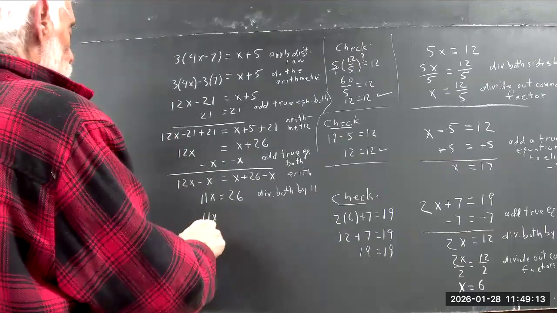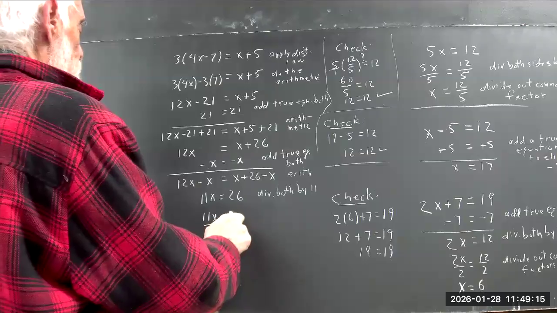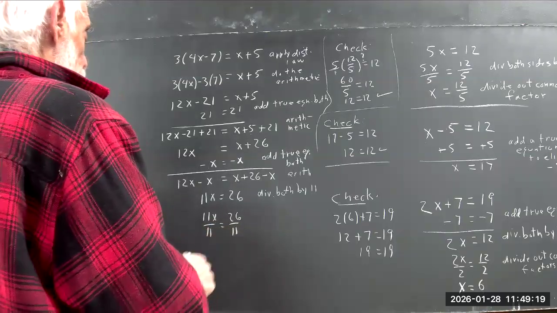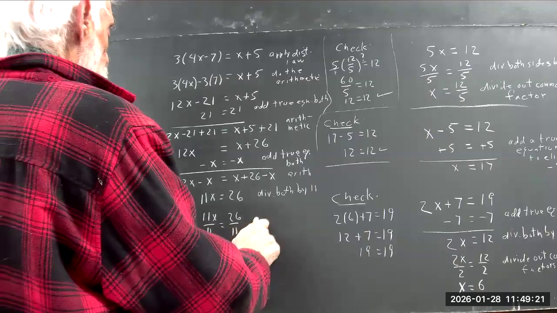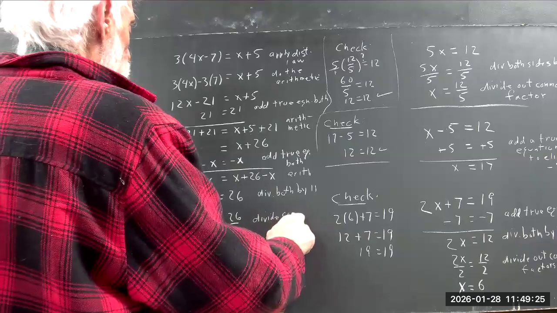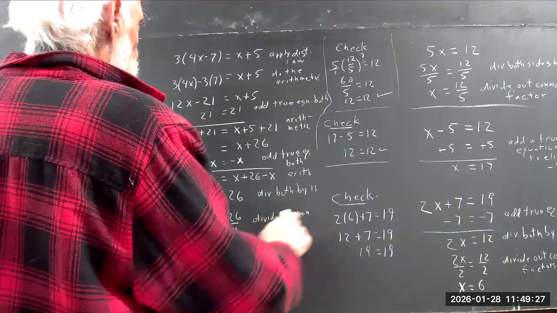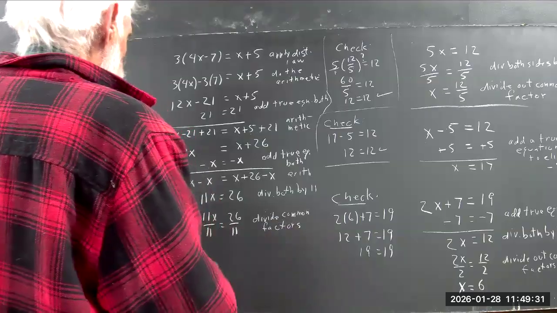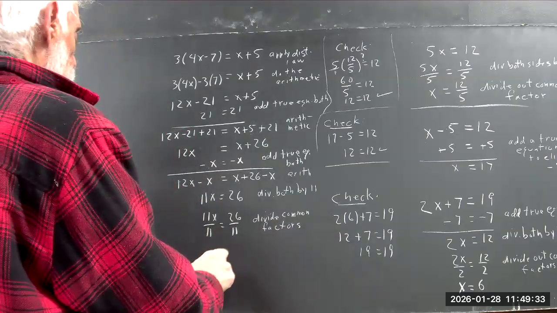It's going to give us 11x divided by 11 equals 26 divided by 11. We divide common factors, and that leaves us with x equals 26 over 11.